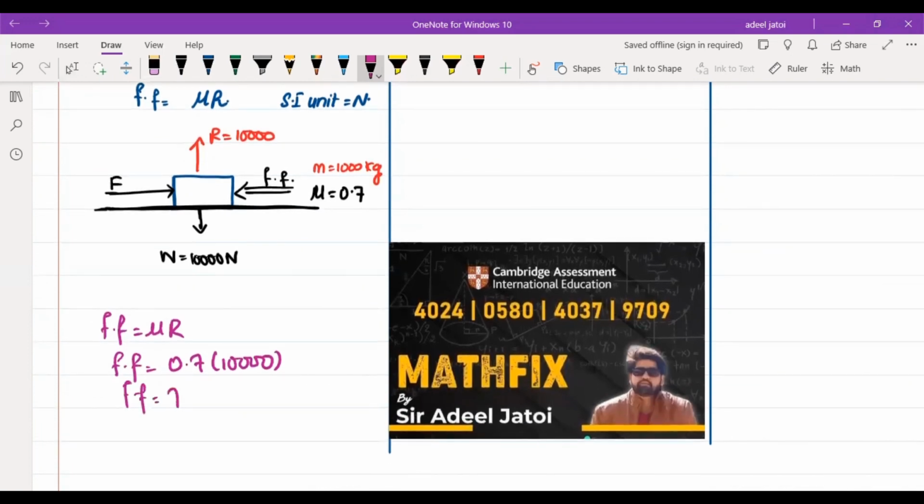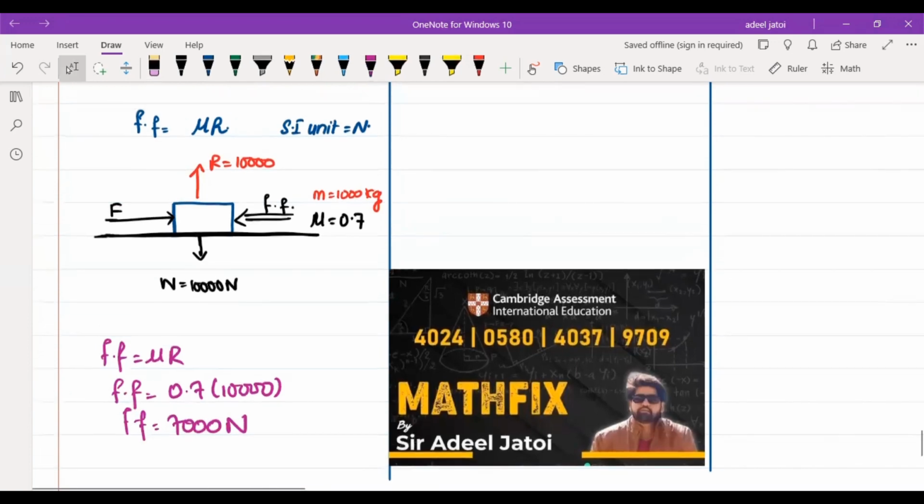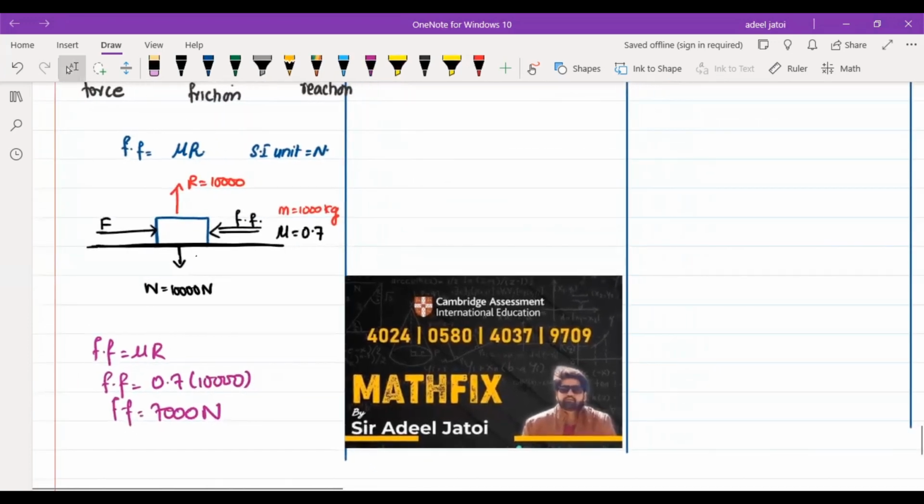Frictional force is 7,000 Newton. So the frictional force at ground level is 7,000 Newton.